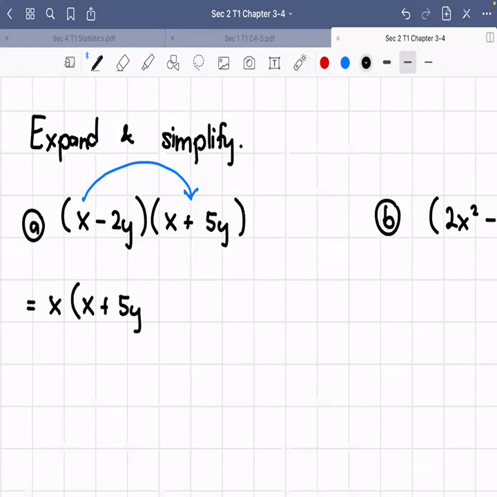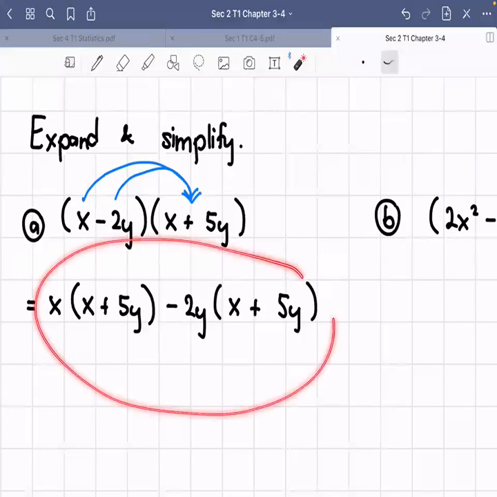Is that clear? All right, and then next is minus 2y, or negative 2y, times the same thing. So that is equal to minus 2y times x plus 5y. That's it.